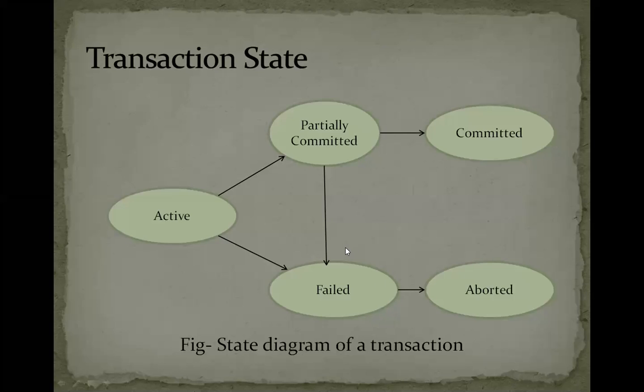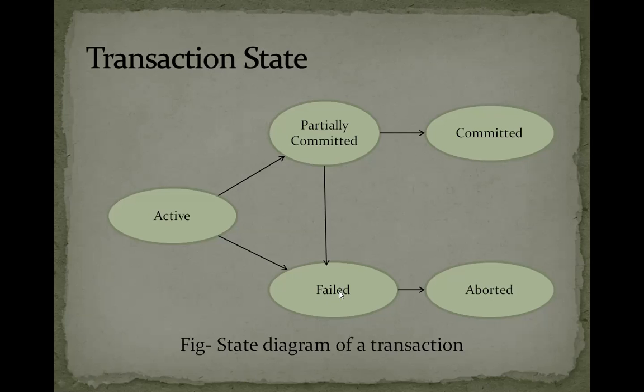At this point, we have two options. Whenever it is aborted, it can restart the transaction, but only if the transaction was aborted because of a hardware or software error that was not created by the internal logic of the transaction. A restarted transaction is considered to be a new transaction.